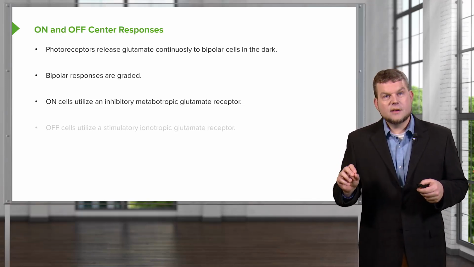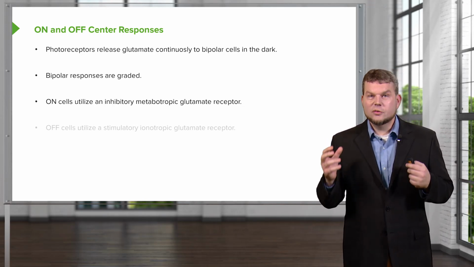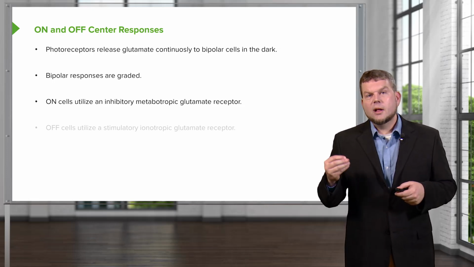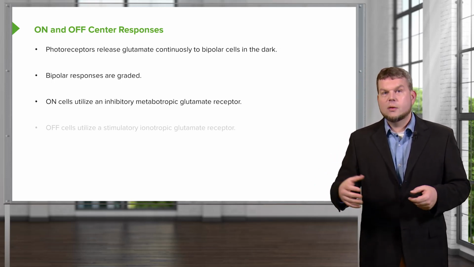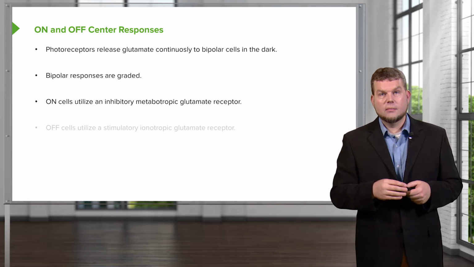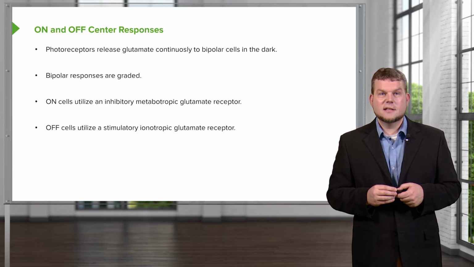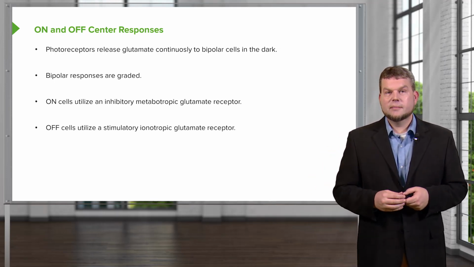These are on cells because they utilize an inhibitory metabotropic glutamate receptor. These metabotropic glutamate receptors, if glutamate is present, will turn off that particular cell. You have off-centered neurons that will be stimulated by glutamate.